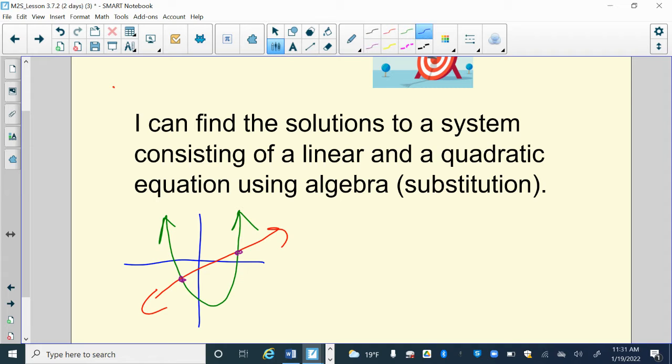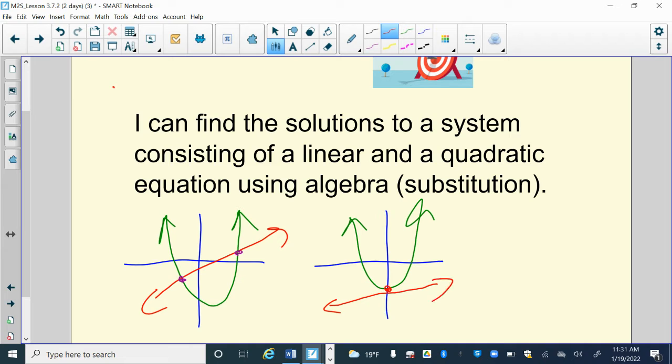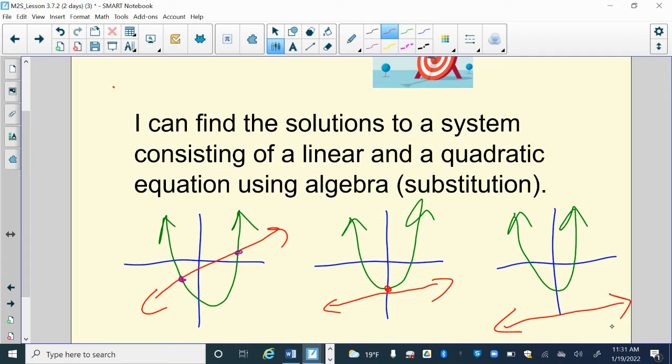We could have a line that only intersects the parabola at a single point, meaning we only have one solution. And lastly, we could have a line that never intersects the parabola, meaning there's no solution. So we will see algebra problems where we see all three cases today.